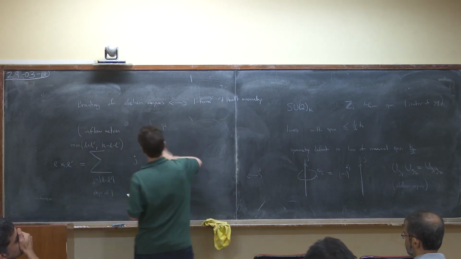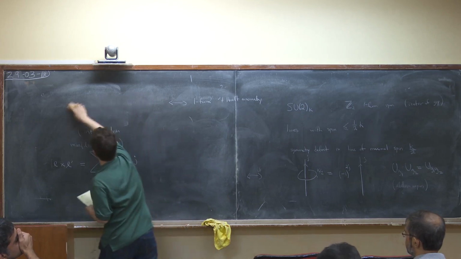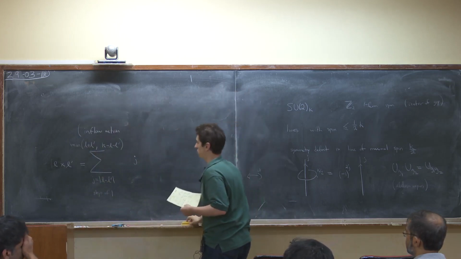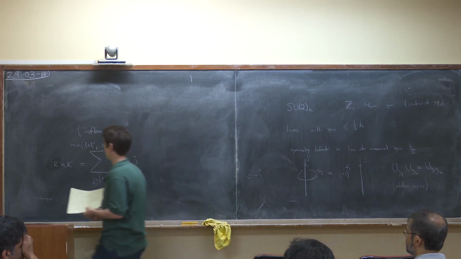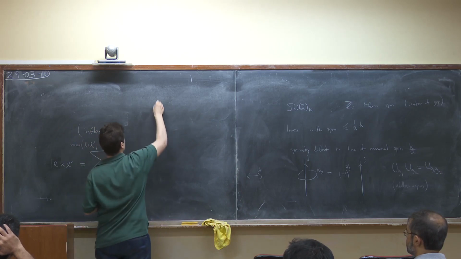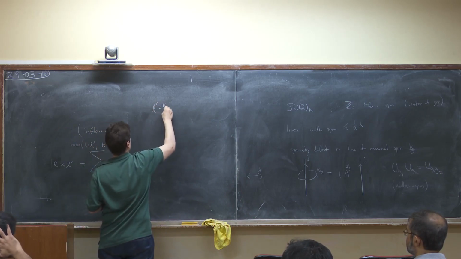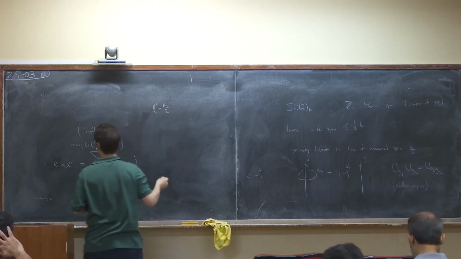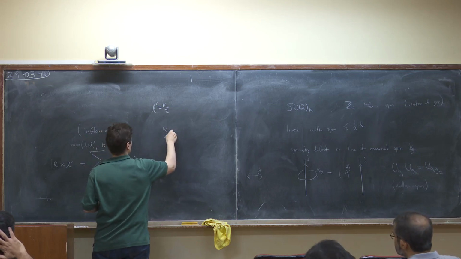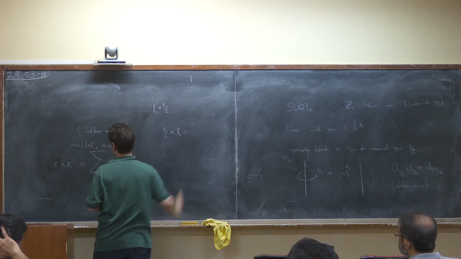Oh, I didn't mean to erase that. Okay, so let's look at what happens when we take L prime equals K over 2. Then we see that K over 2 fusion with L is what?